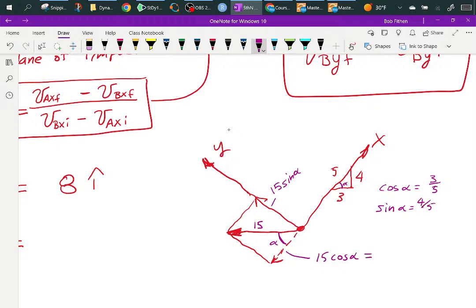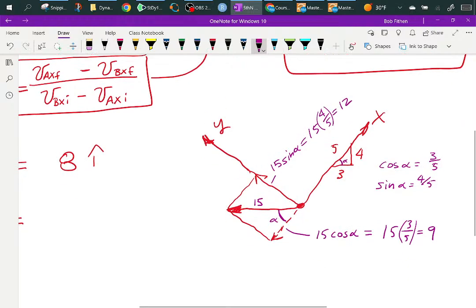So 15 times 3/5 equals 9, and 15 times 4/5 equals 12.